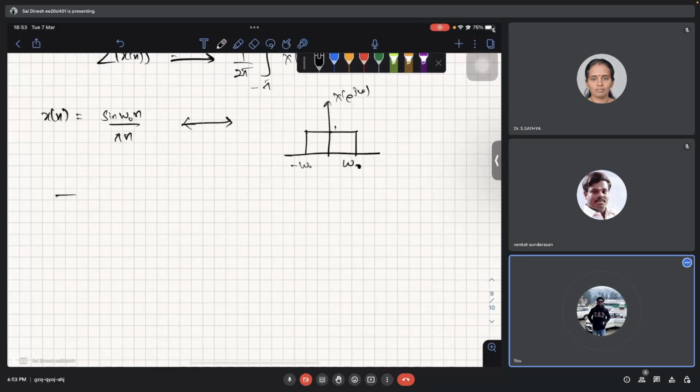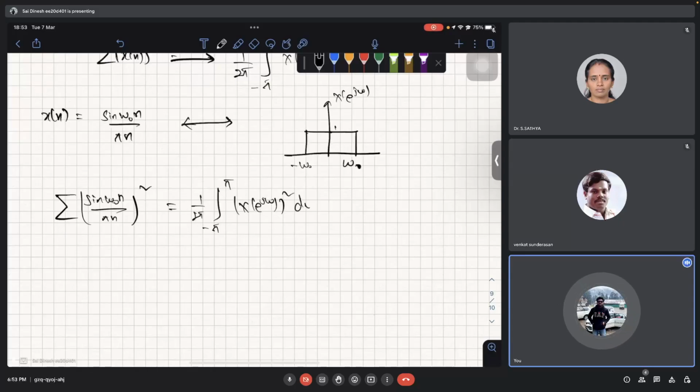So the sum of (sin omega naught n by pi n) whole square is equal to 1 by 2 pi integral from minus pi to pi of X(e^j omega) whole square d omega, right? So what is this value from here? 1 square, right?